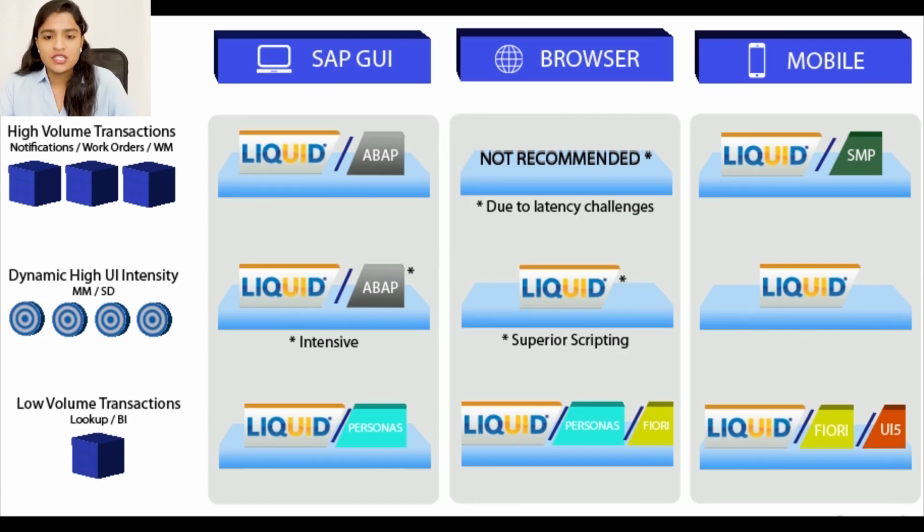Both process inefficiency and technical latency contribute to productivity loss and customer dissatisfaction. Low value, for example lookup or BI transactions completed 1 or 2 times per day. Good news: most solutions are viable if transactional volume is low.